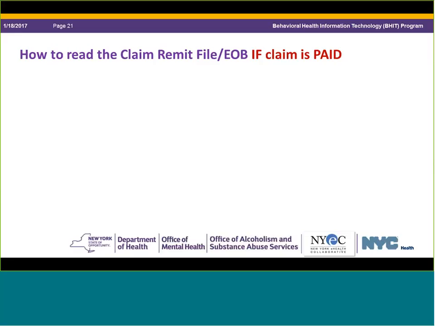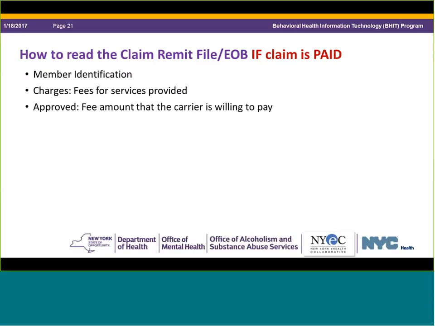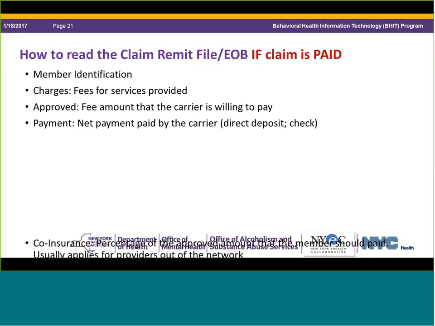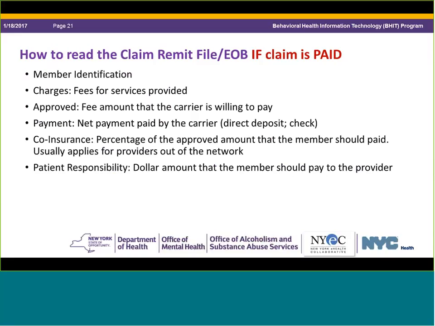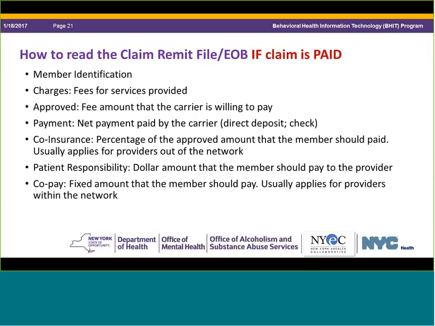How to read if the EOB is paid. Okay. So again, these are the things that you're going to be looking for on the EOB. The member identification number, what was charged, what's the approved amount, how much was paid, is there co-insurance applied, is there patient responsibility, copay.